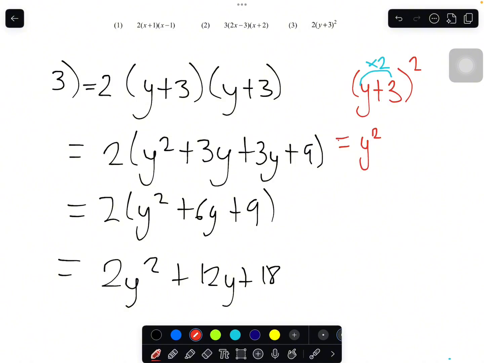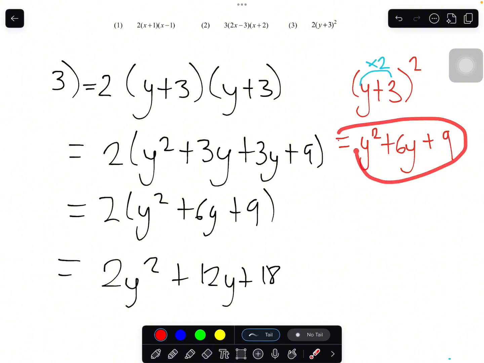And what that will then give us is 3 times y is 3y, times 2 will be plus 6y, and then finally we're going to square the last term and we get plus 9. And when you look at that, you'll see that this is the exact same thing as we get here when we simplify. This is another one where you can use FOIL, you're still going to get the answer right, but you will save time and it's going to be explored greater in grade 10 and 11.